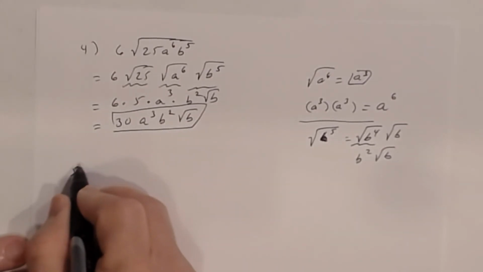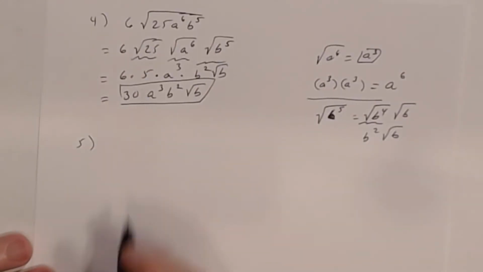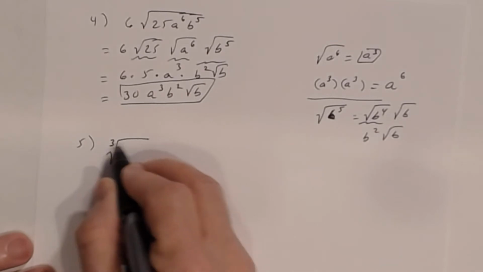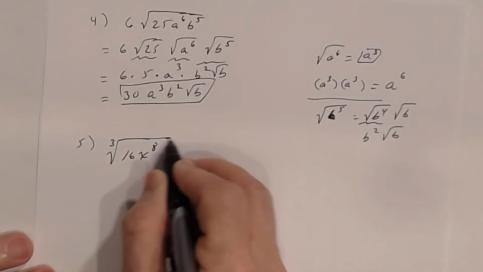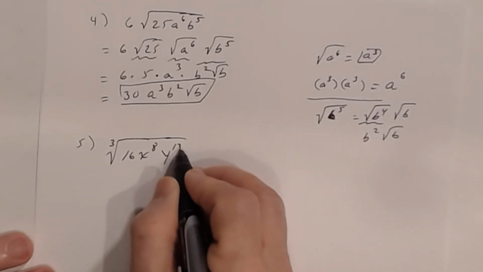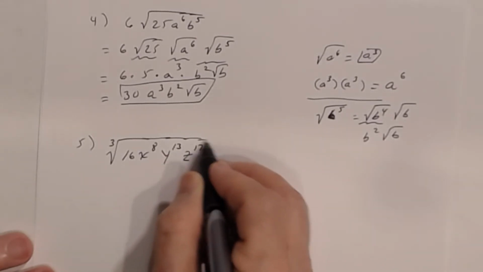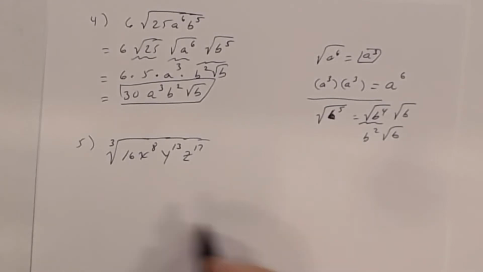All right, number 5. We have the cube root of 16 x to the 8th y to the 13th z to the 17th. And so again, remember this time it's cube root.